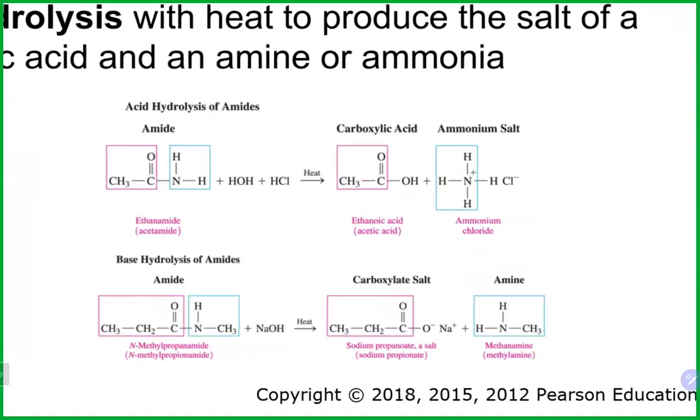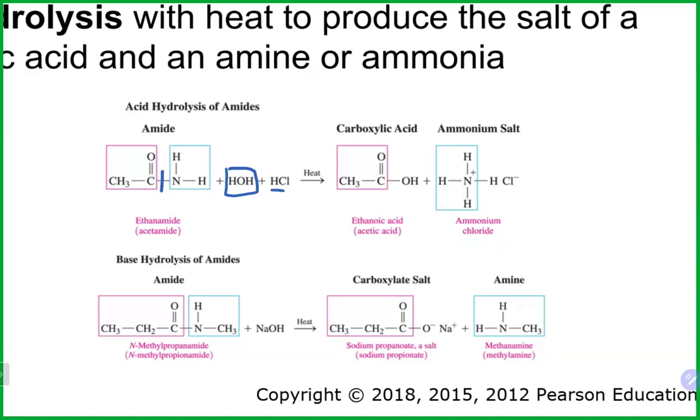So here on the acid hydrolysis, we do have water, and we do have an acid that's going to be used for the acid hydrolysis. When we do the acid hydrolysis, which is almost like the reverse reaction of what's happening here, we do it under acidic conditions with some heat. It's going to break apart right between where they come together.